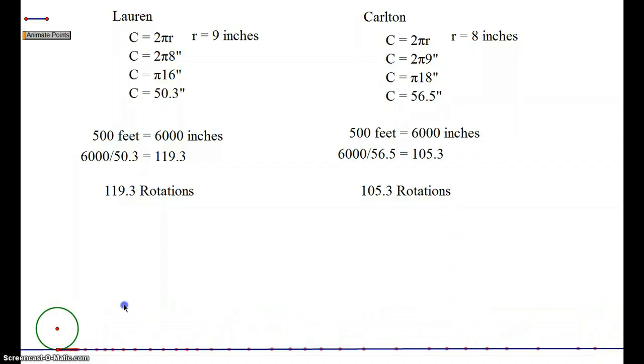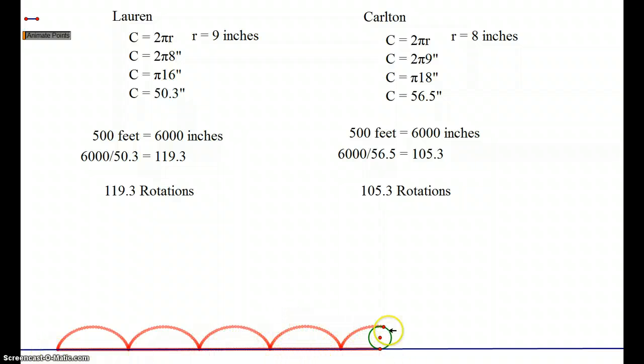Now, if we look at Carlton, the next one, Carlton has a 16-inch bicycle, which means he has a radius of 8 inches. We want to know if his rotations are greater or less than the number that Lauren traveled over 500 feet. If we make the tire smaller and travel the same distance, you're going to get more and more rotations.